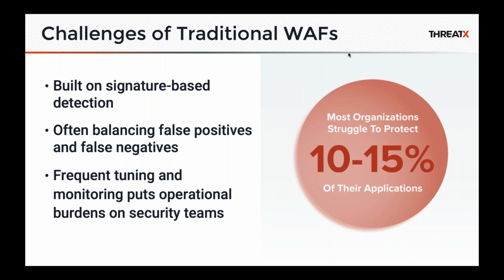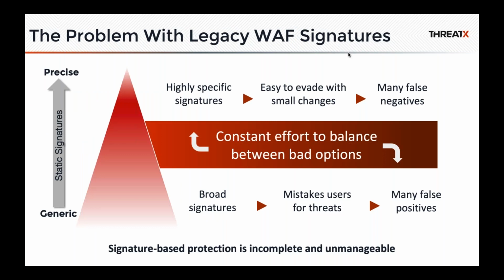The challenge? Well, it's related to their design dependency on signature-based detection. And that design can lead to really high operational burden on security teams from a tuning perspective that eventually yields small gains. And we'll take a closer look at this next slide.